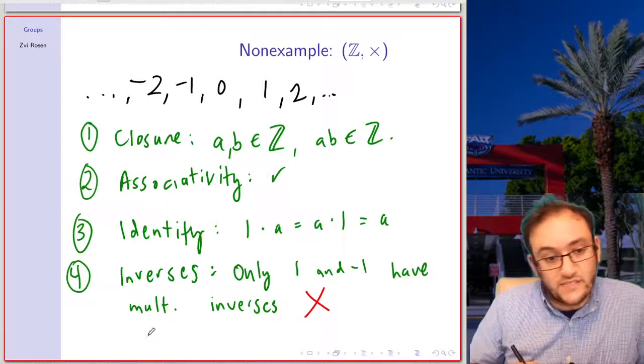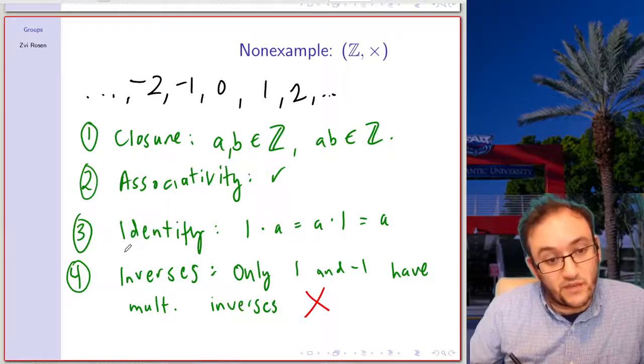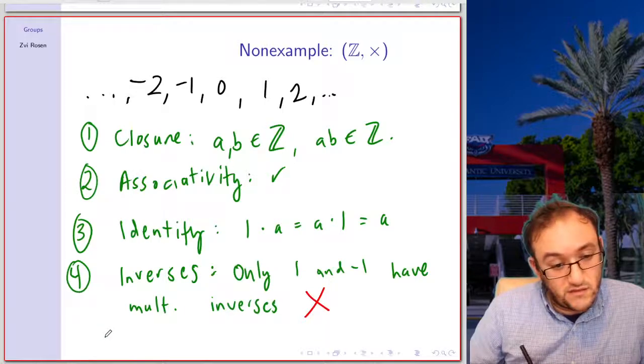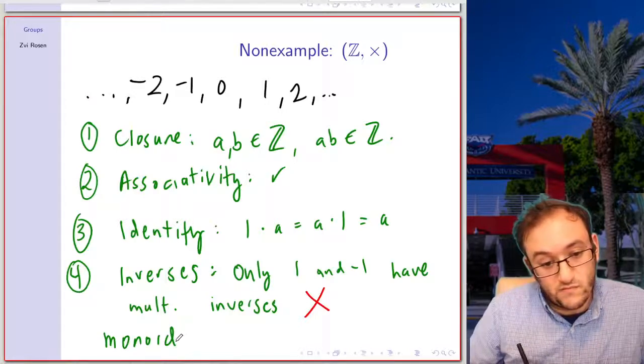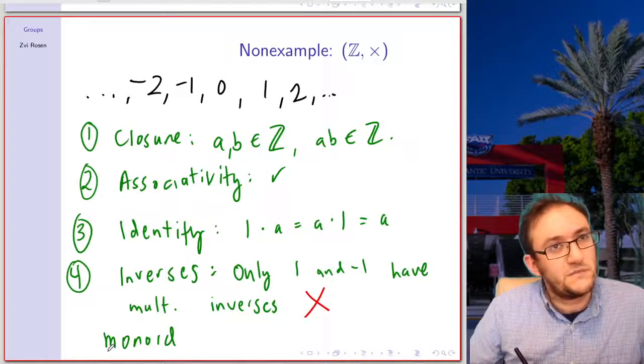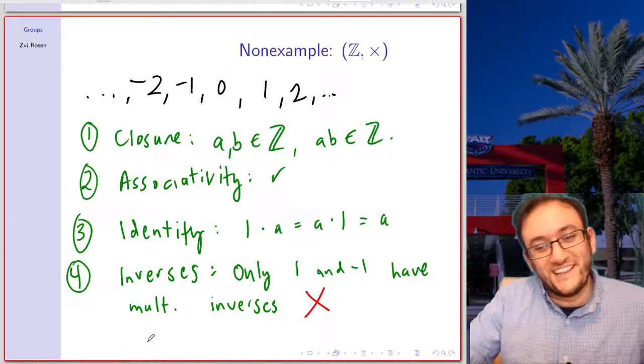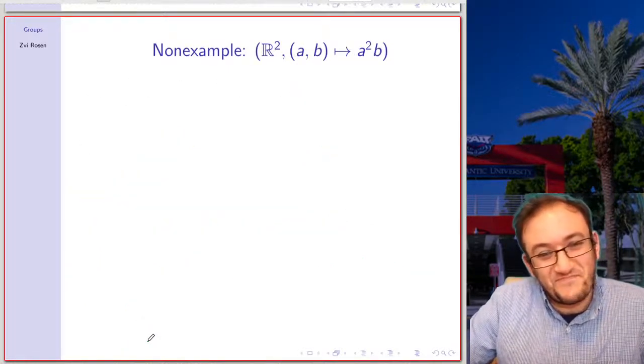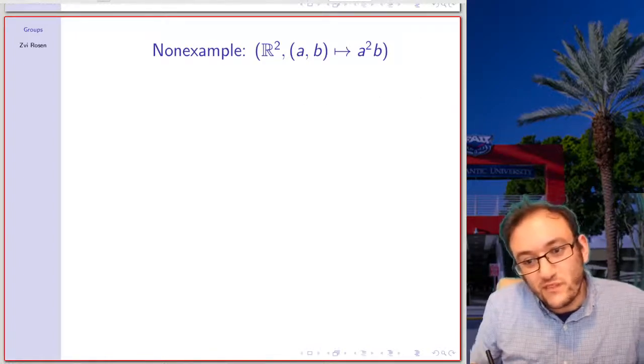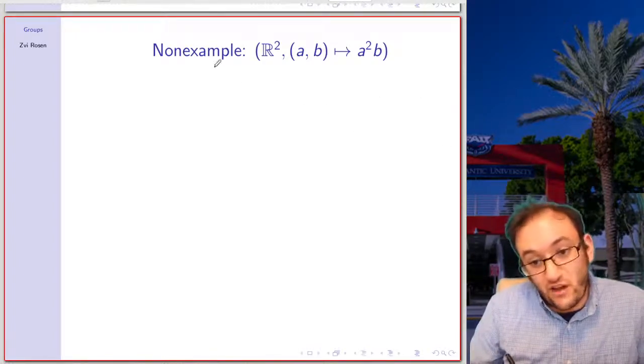In the first class we mentioned that this is an example of something called a monoid. Is it a monoid? It might be a semigroup. I'm going to hold off on that until I check later. Okay. So now let's consider another non-example of a group.